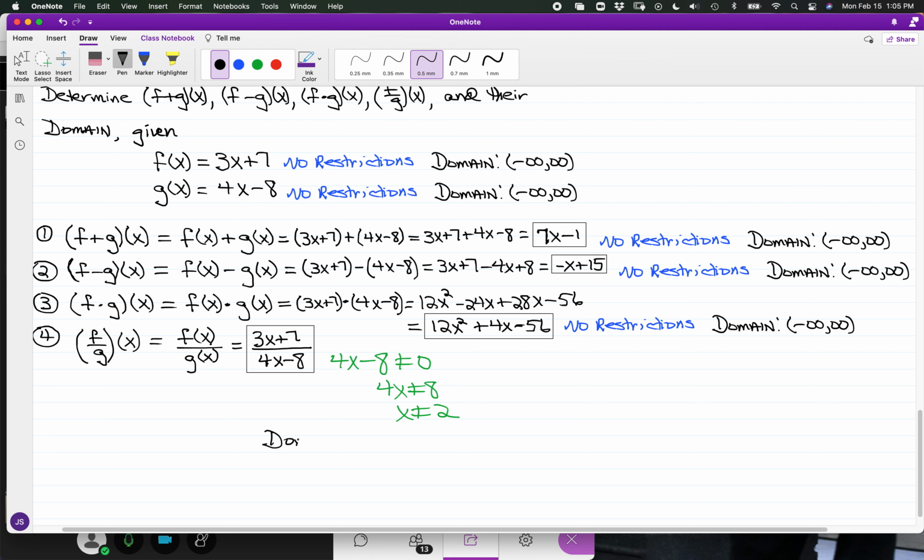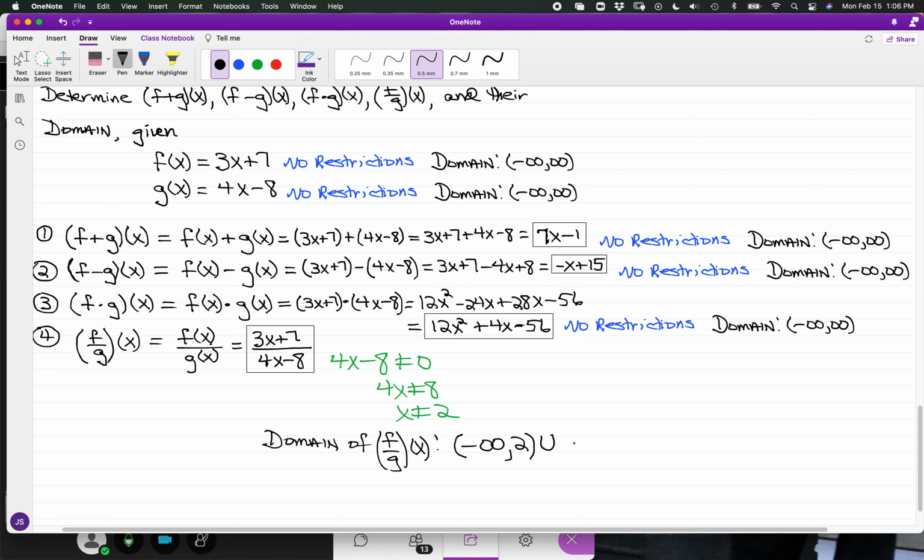And if I were to take what I have for the domain and express it in terms of interval notation, 2 is going to be left out. So you think of graphing like you have a hole or open circle, and then just have a ray to the left and a ray to the right, both rays going continuously. So at the lower end, you have from negative infinity approaching, but not including 2.